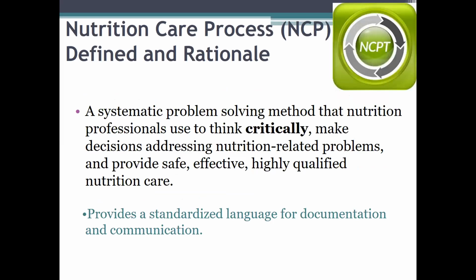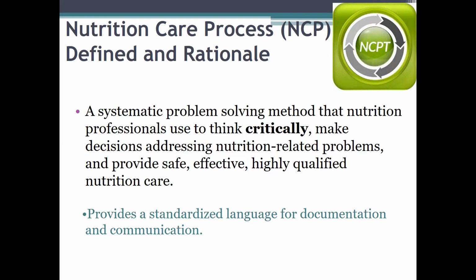So here's, I believe, the first objective. So this is talking about what it is, but more importantly, why we have it. So the definition is a systematic problem-solving method that nutrition professionals use to think critically, make decisions addressing nutrition-related problems, and provide safe, effective, highly qualified nutrition care.